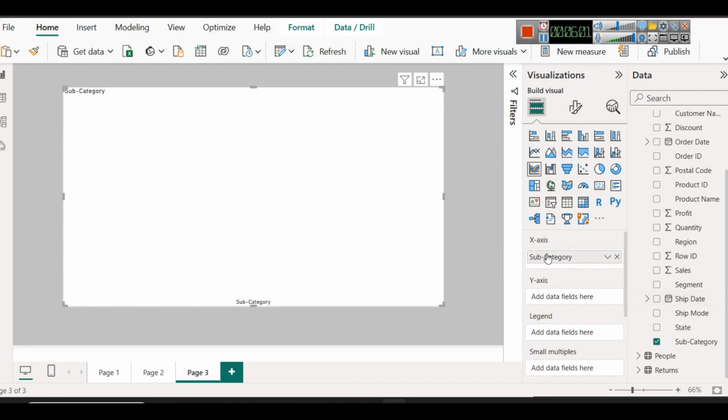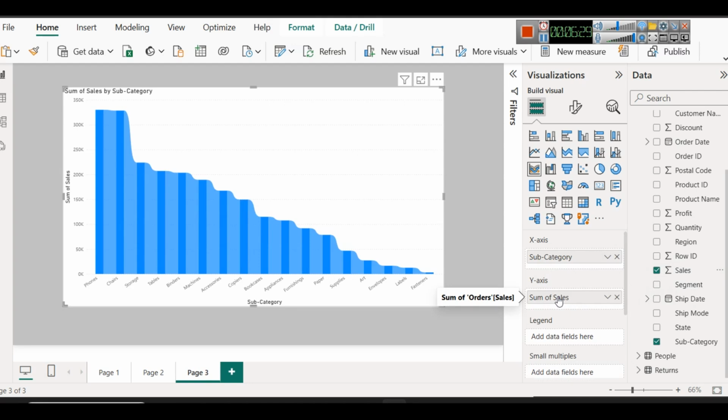Simple thing, you click on our chart. You can note down also. Click on ribbon chart. When the ribbon chart appears, in the x-axis you can drag a categorical field, and in the y-axis you can drag just like this. So you select this and drag it in the y-axis.